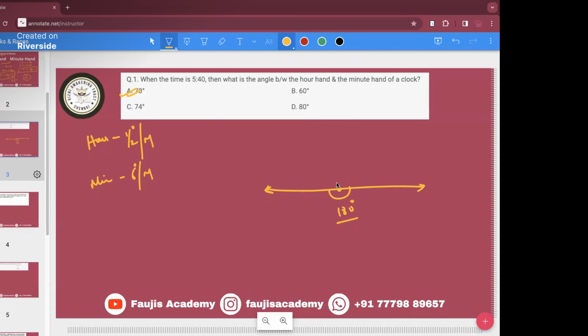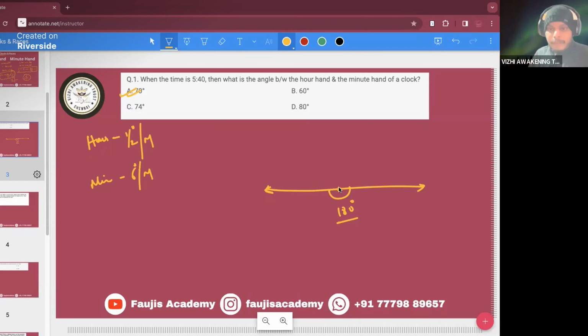So if we have to find something like this, we need to find this angle, let's say this angle theta, and we know this angle and this angle.